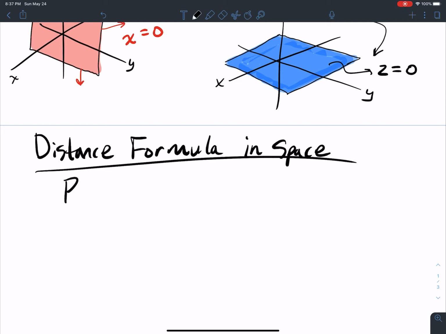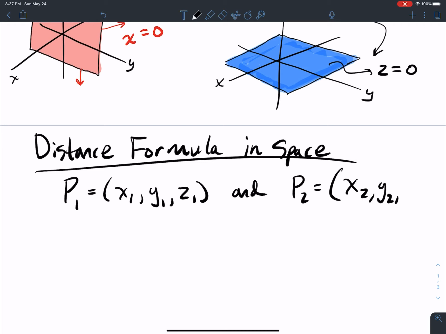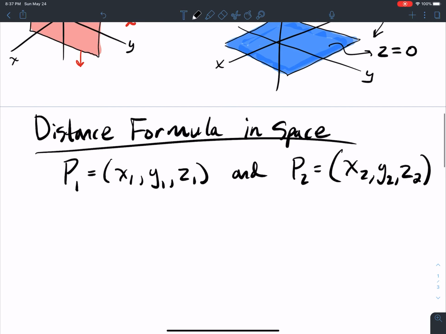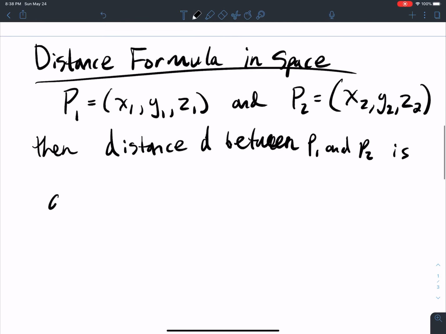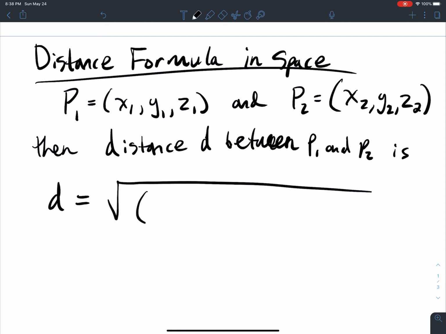If I have P1, which is x1, y1, z1, and P2 equal to x2, y2, z2, those are 2 points, then the distance d between P1 and P2 is d equals the square root of (x2 minus x1) squared plus (y2 minus y1) squared.